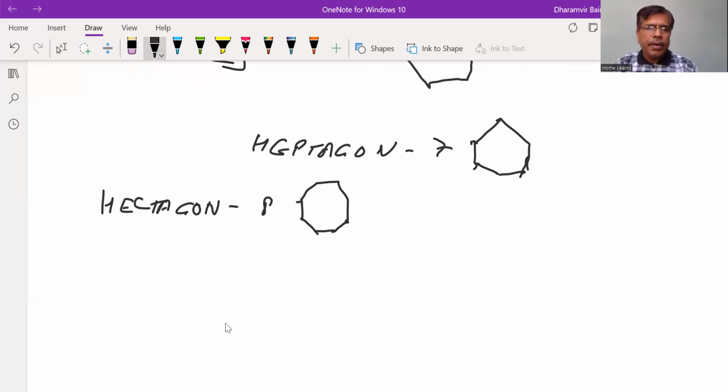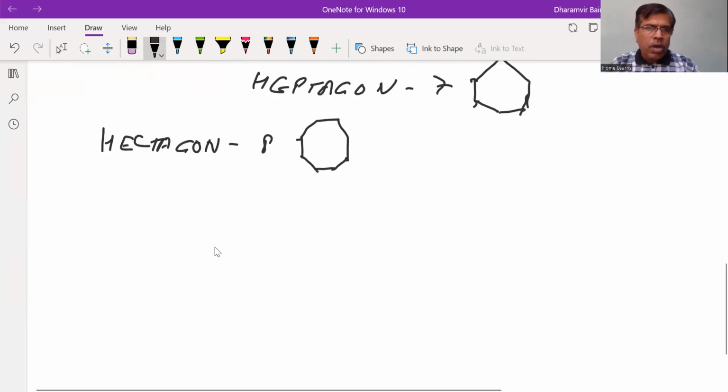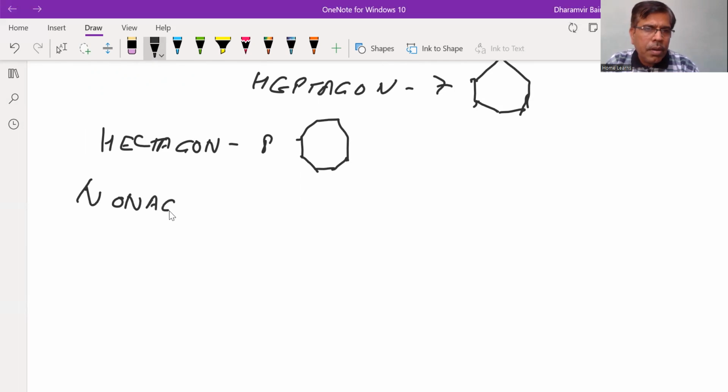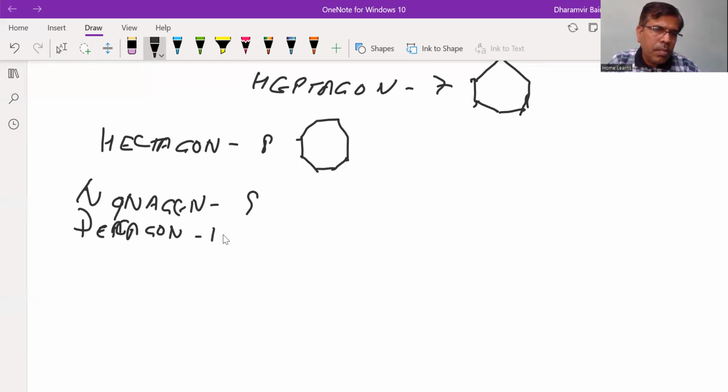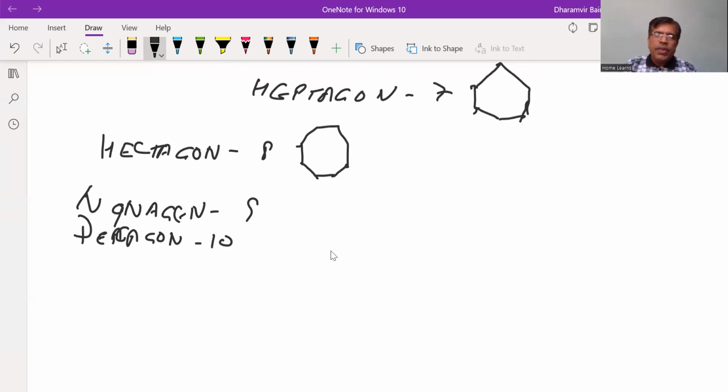This is the octagon. Then is the nonagon. Nonagon has 9 sides. Decagon. Decagon has 10 sides. So all these are the figures.